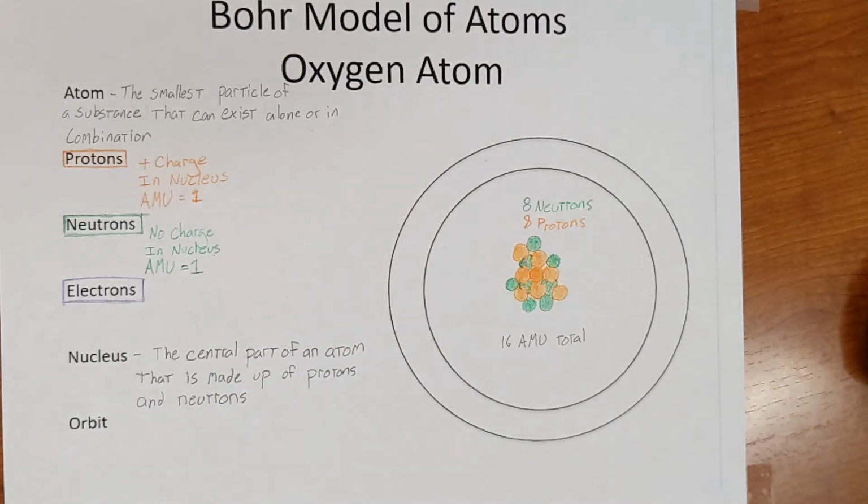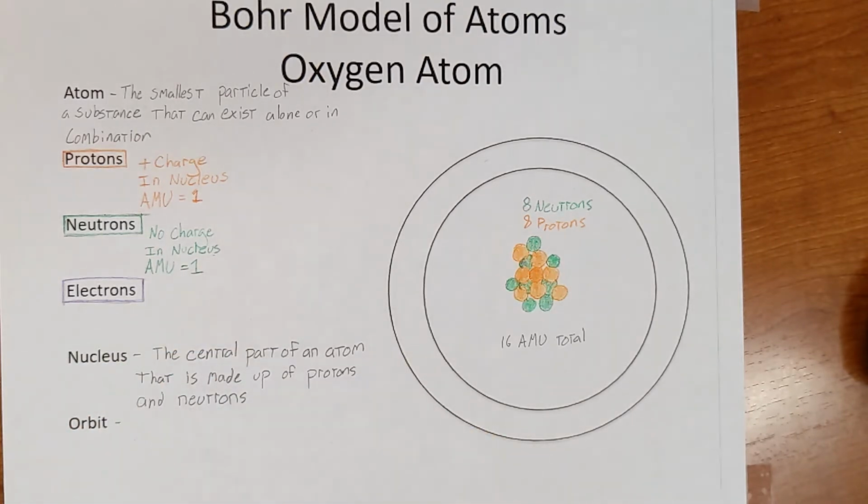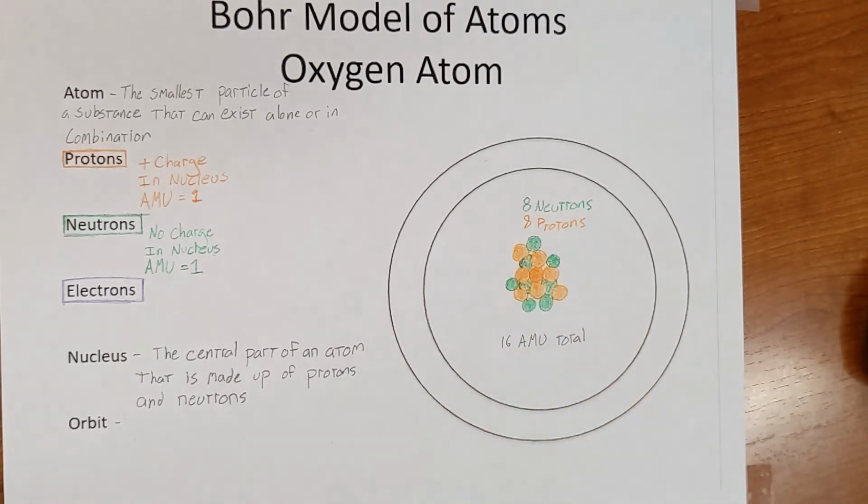All right. And before we add electrons, let's talk about orbits. Orbits are the paths, or you could think of them like train tracks or lanes on a highway, where the electrons, which we're going to learn about in a moment, travel.